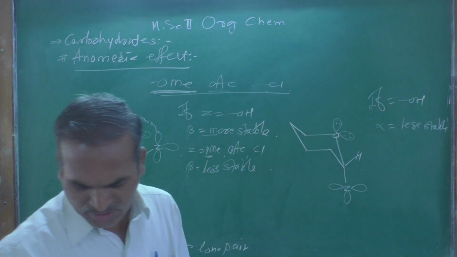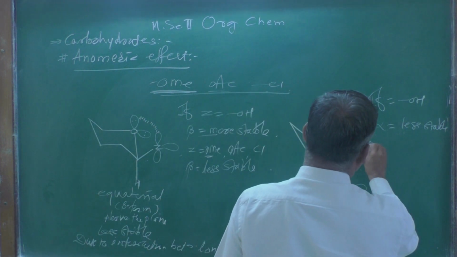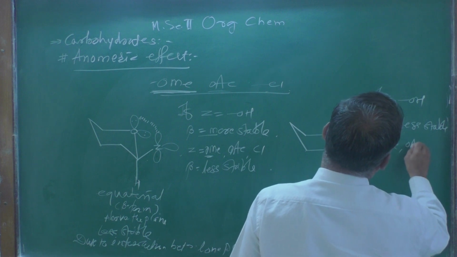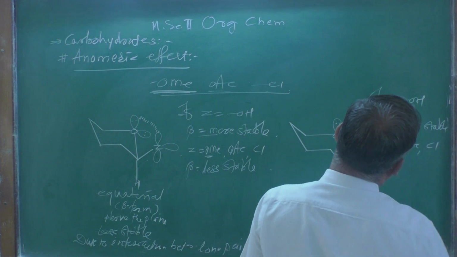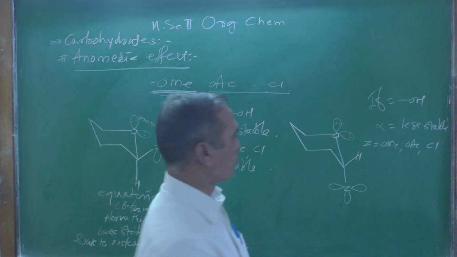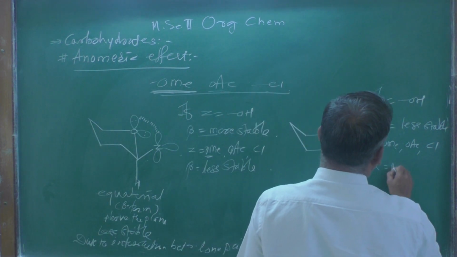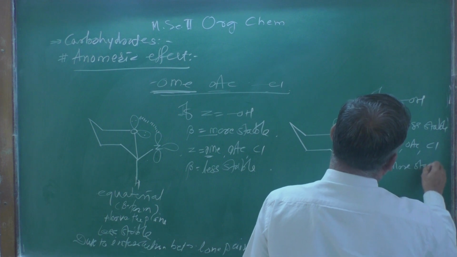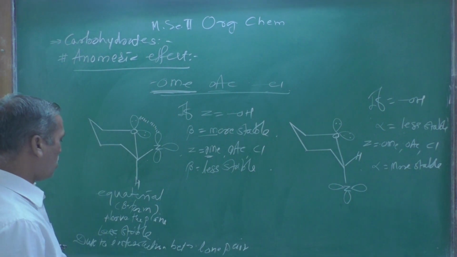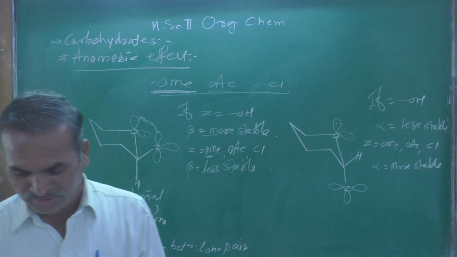If Z is equal to OMe, methoxy, or O-acetyl or chlorine, at that moment alpha is more stable. Why is alpha more stable? Because there is no steric interaction.